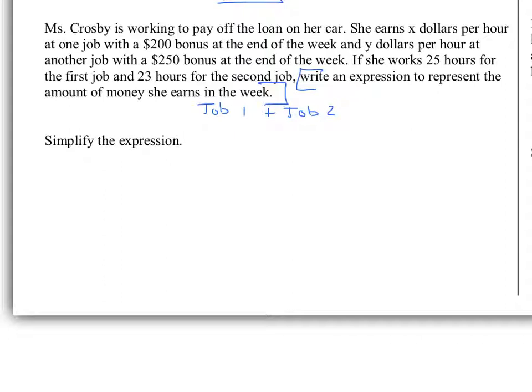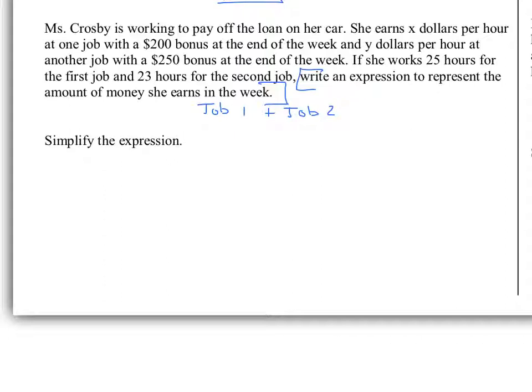Yeah, so you're multiplying X times the number of hours she works. Well, if we look through this problem, we actually know how many hours she works at that first job. So let's read back through. 25H plus 200. 25, what's the variable? X for the dollars per hour.